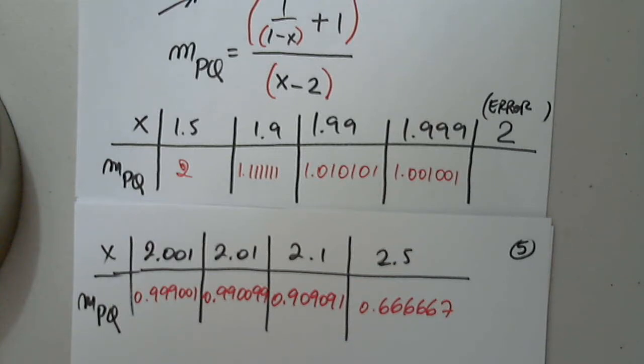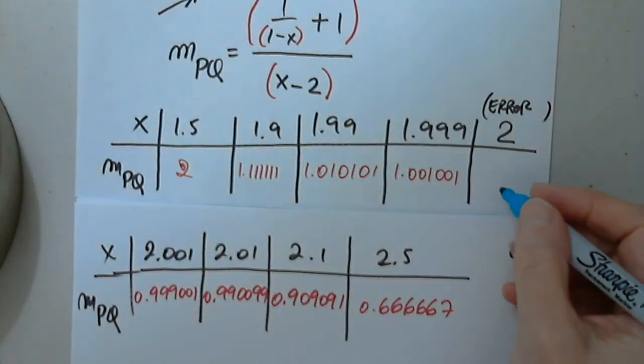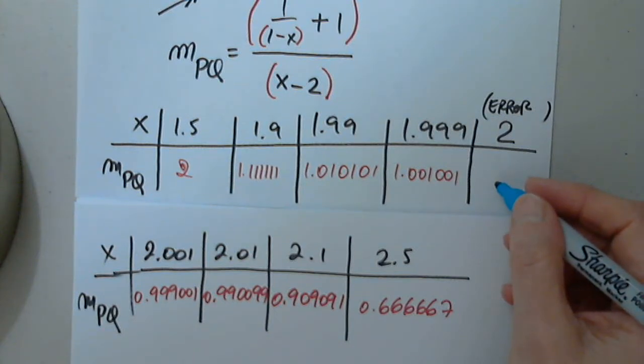Or from the other side. So can we come up with an estimate then for the slope of the tangent line at P? Is it 2?